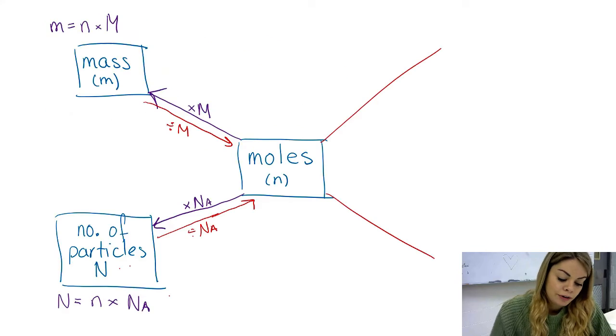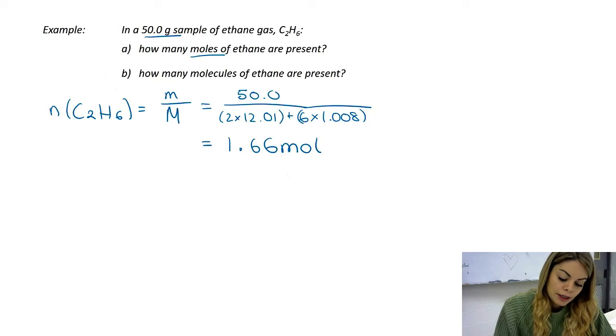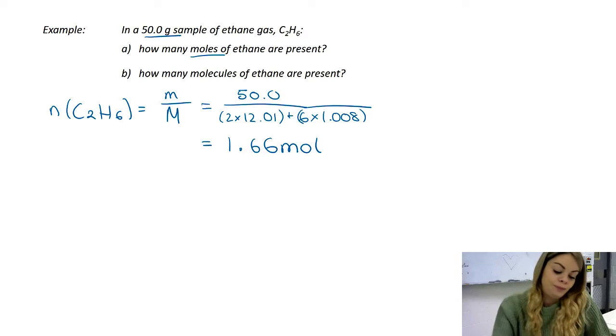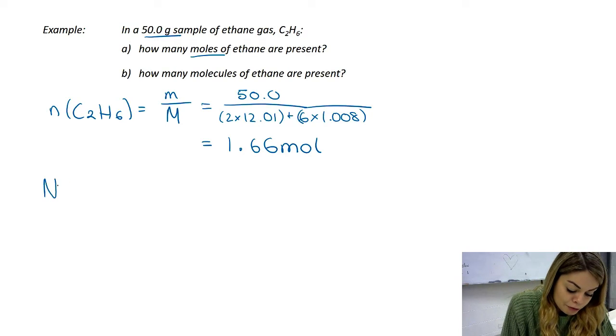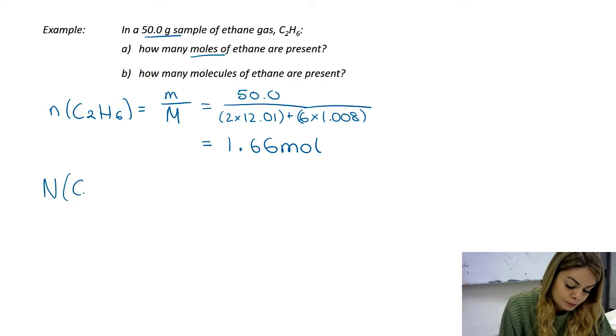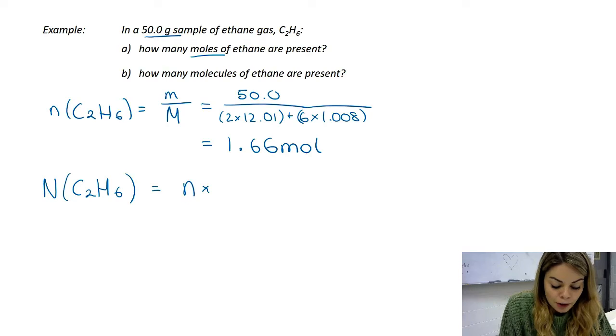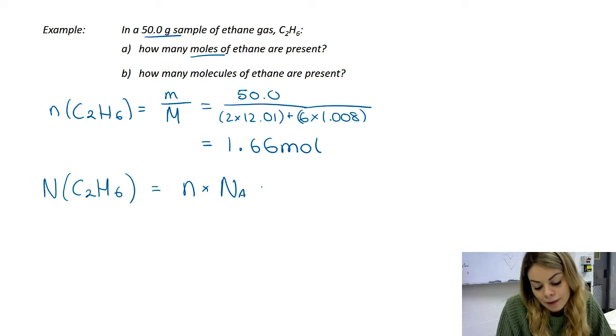How many molecules of ethane are present? Okay, so I've gone from mass to moles, and now I want to go to the number of molecules. So I'm going to be timesing by Avogadro's number. So the number of molecules of ethane is equal to the number of moles times by Avogadro's number.